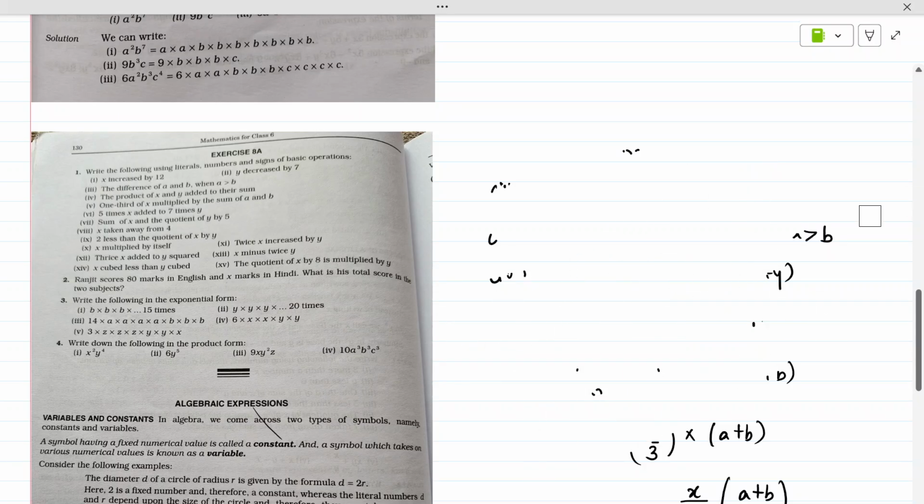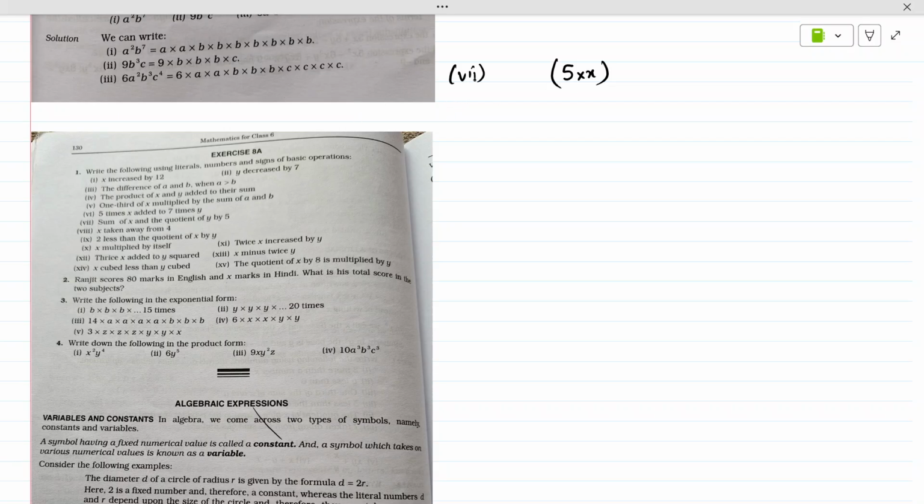Seventh is sum of x and the quotient of y by 5. Wait, let me do this fast. So we have 6 as 5 times x. That means 5 multiplied by x in one bracket. And sorry, 6 we have done.